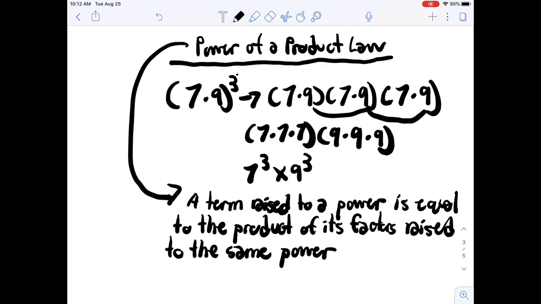So in this case, this exponent 3 is being distributed to both the 7 and the 9 here.